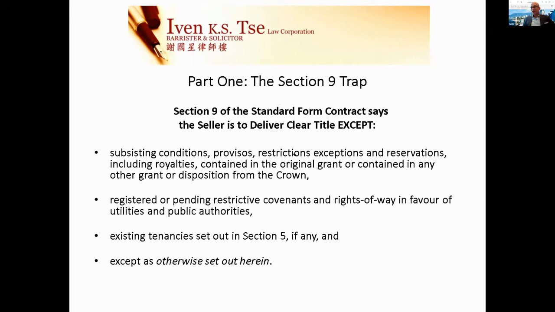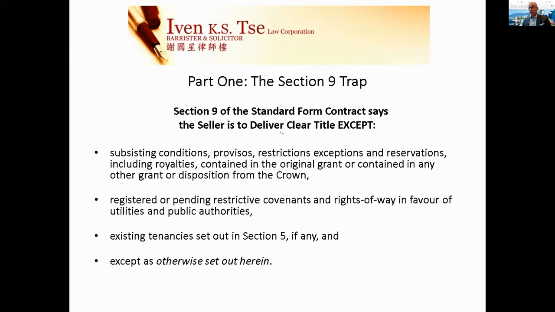Section 9 says that title is delivered to the buyer except for a number of things, such as, as I've listed in this PowerPoint, subsisting conditions, provisos, restrictions. Basically, it means anything that's related to the government. You can have rights of way in favor of utilities and public authorities, such as TELUS rights of way and BC Hydro.